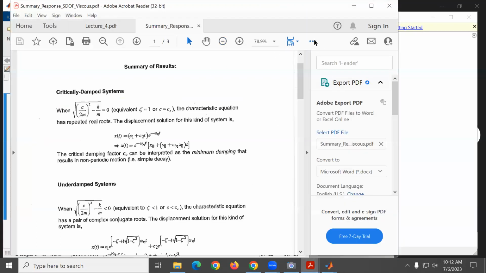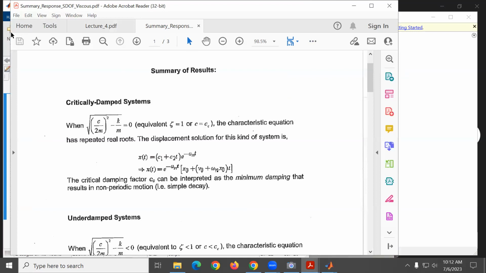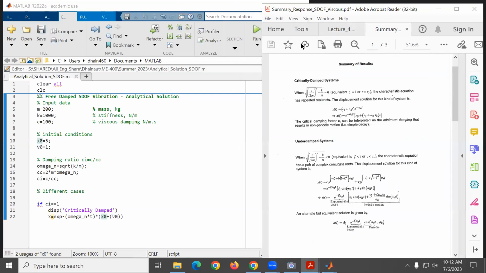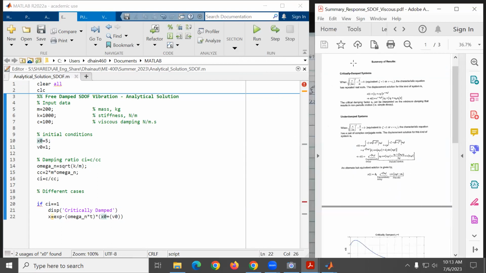Maybe I can do this one smaller on the side. Well, now it's too small. I cannot read it now.